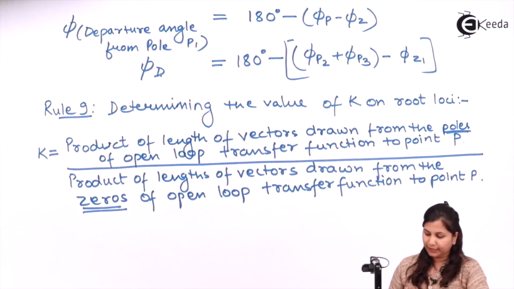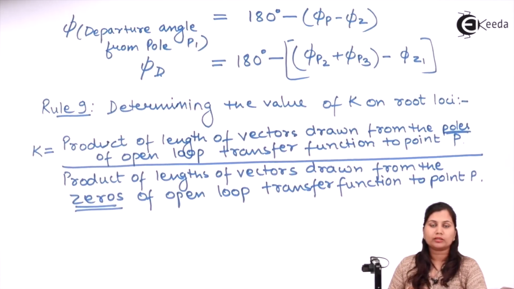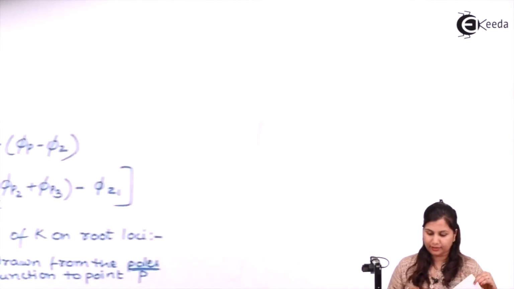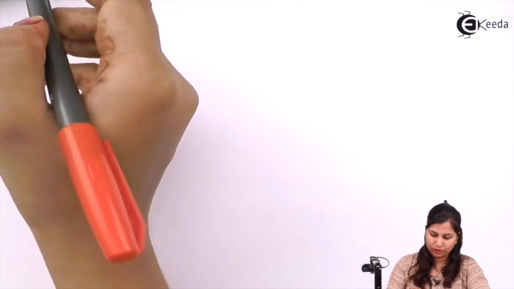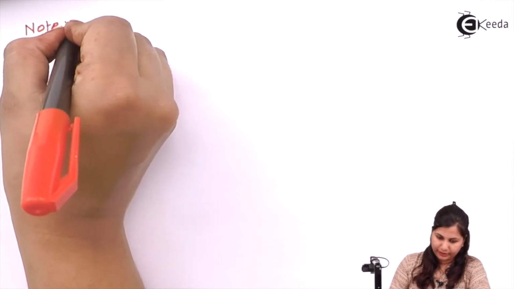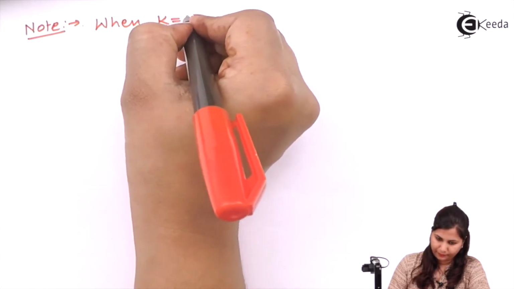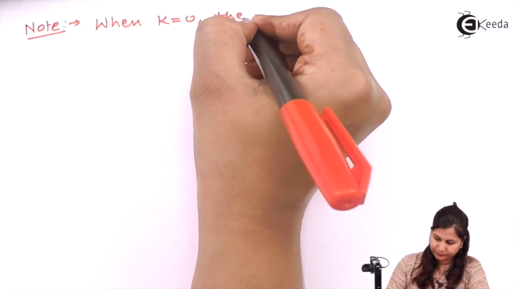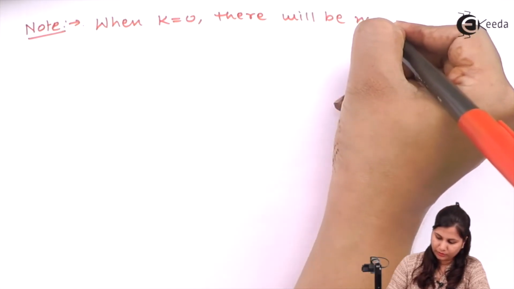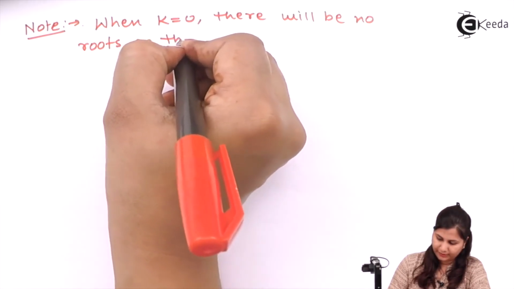So these are the 9 rules which we are going to use whenever we want to plot the root locus of a system. Now, have a note and keep this in mind: when k is equal to 0, there will be no roots on the imaginary axis.